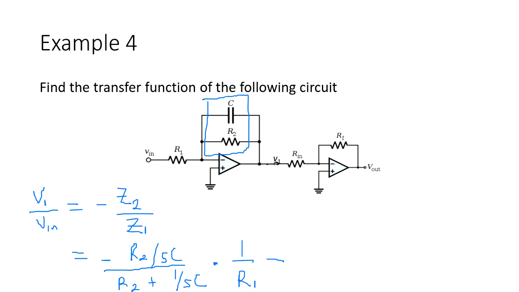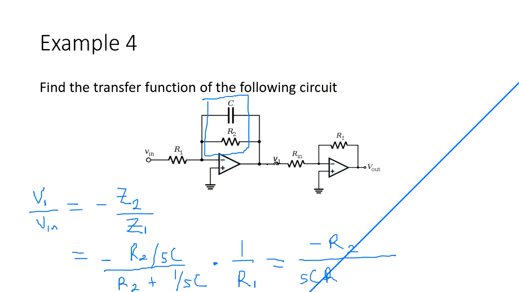So if we like, we can multiply up and down by SC, so that we'll have 1 over minus R2 over SC, R2 plus 1, into R1.